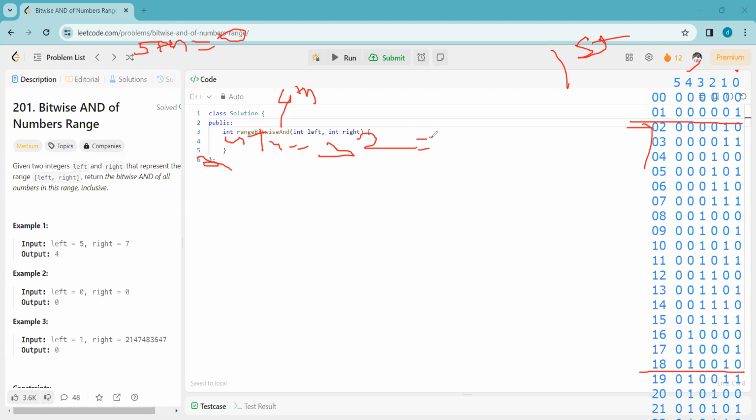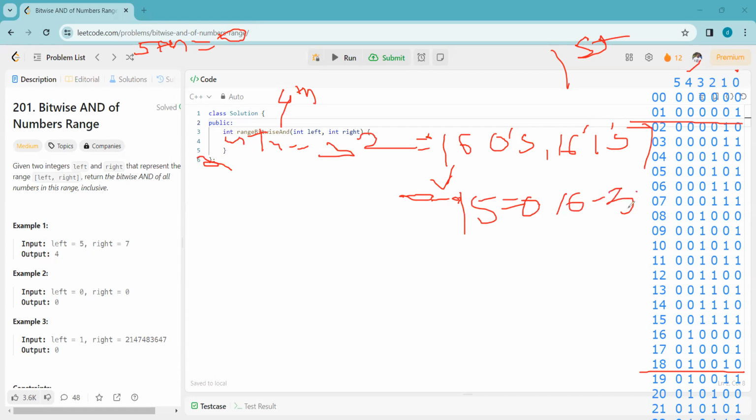That means the first 16 numbers will be zeros, and the remaining 16 numbers will contain ones. That means 0 to 15 contains zeros, and 16 to 31 contains ones. And our range was 2 to 18.